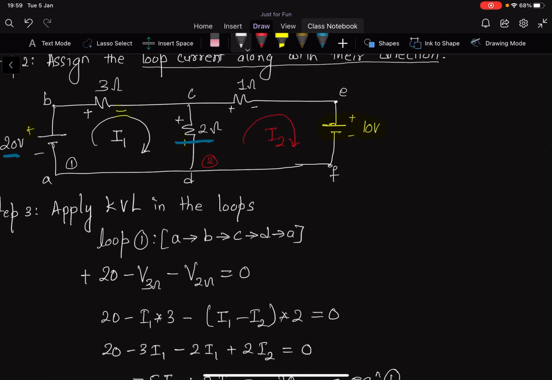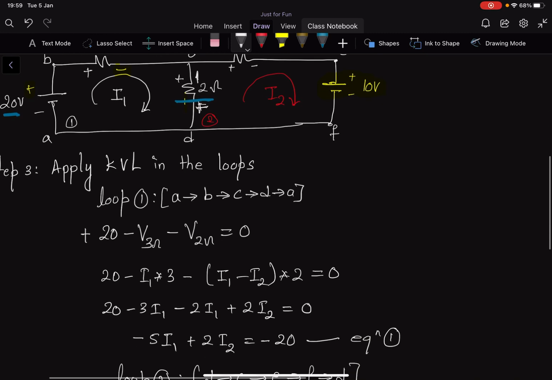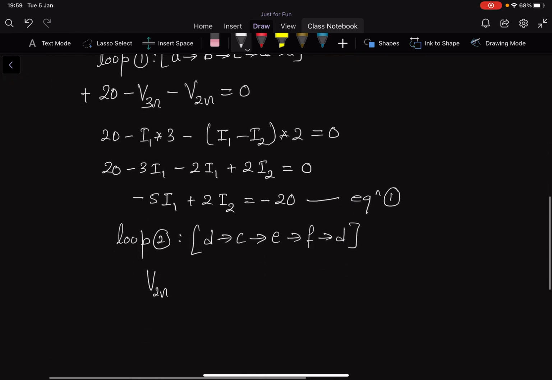I haven't mentioned that. It's going to be positive here, negative here, because current entering positive, leaving negative for I2. Remember, you're looking at I2. I2 is here. So current entering positive, leaving negative, so this is going to be negative.